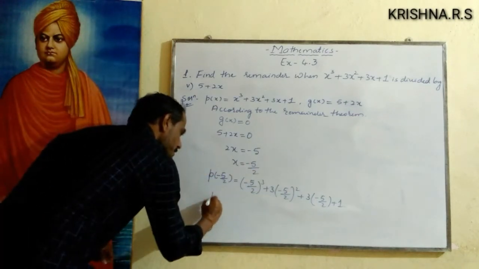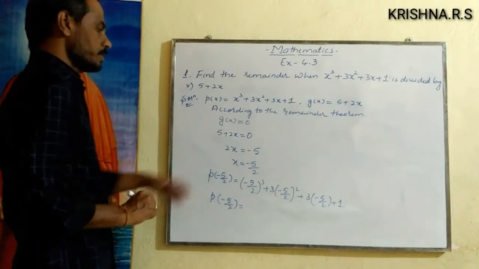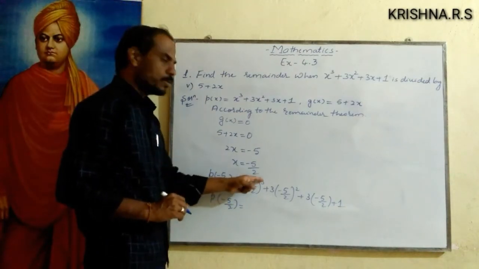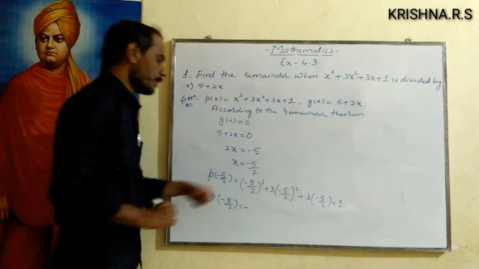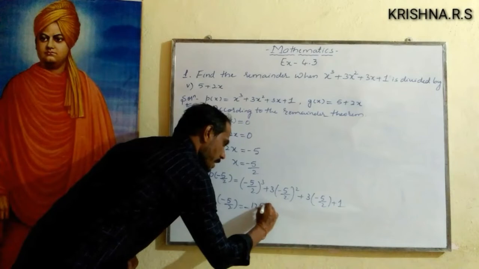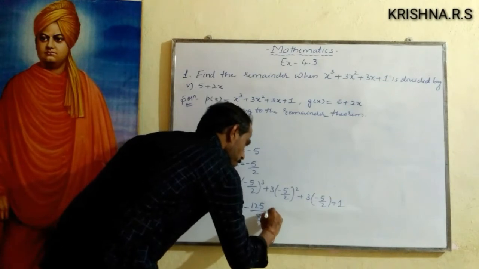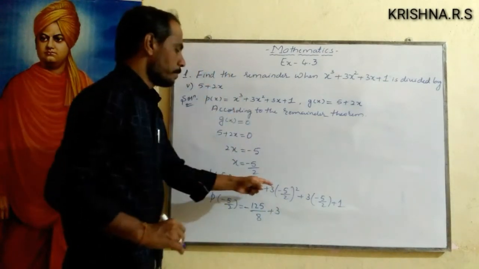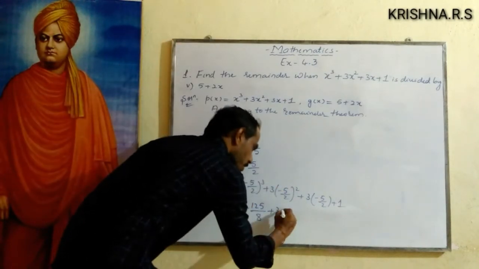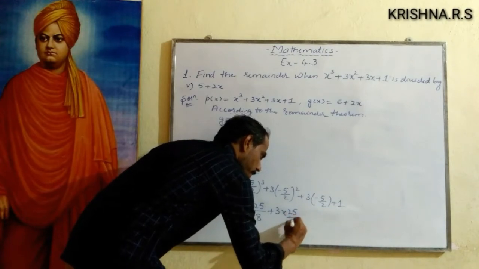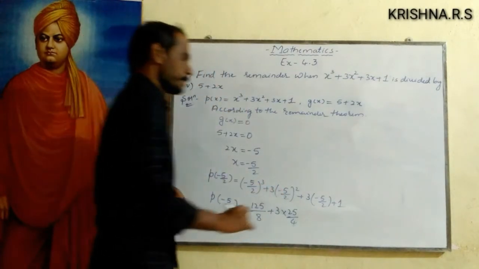p of minus 5 by 2 is equal to minus 5 by 2 whole cube. Minus cube is minus. 5 cube is 125 and 2 cube is 8. Plus 3 as it is; minus square is plus, 5 by 2 whole square, 5 square is 25 by 2 square, 2 square is 4.